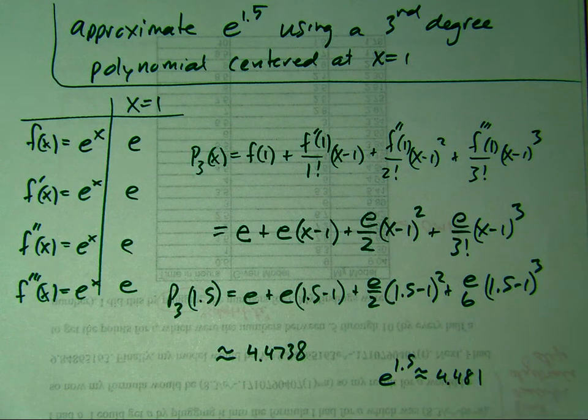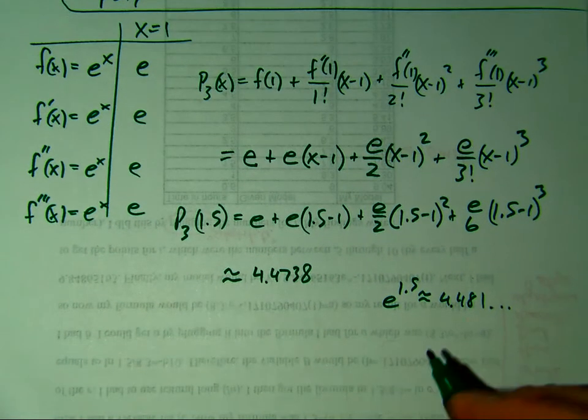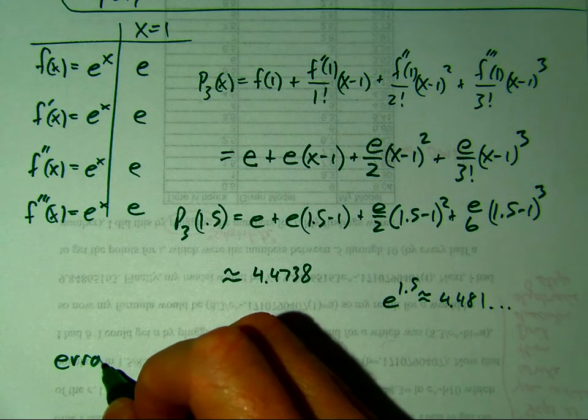So this is not as accurate as we got before. The calculator has 4.48 and this has 4.47, so it's not as accurate. And remember, with Taylor's theorem, we'll say that the error is the next term.